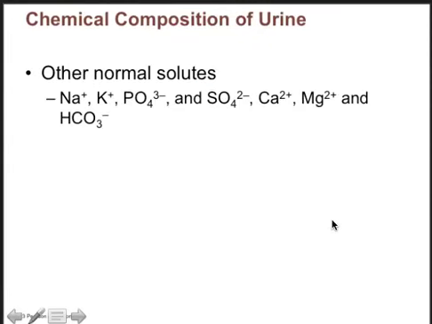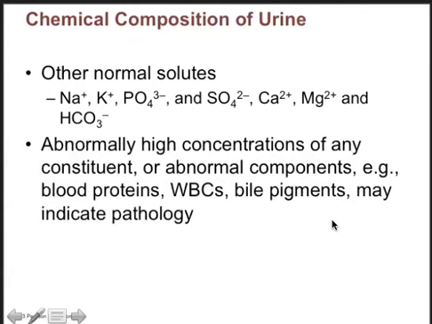Other normal solutes include sodium, potassium, phosphate, and sulfate, as well as calcium, magnesium, and bicarbonate. Abnormally high concentrations of any of these constituents or abnormal components in the urine, such as blood proteins, white blood cells, bile pigment, or bacteria, can indicate pathology, right? A problem with the urinary tract or with kidneys.